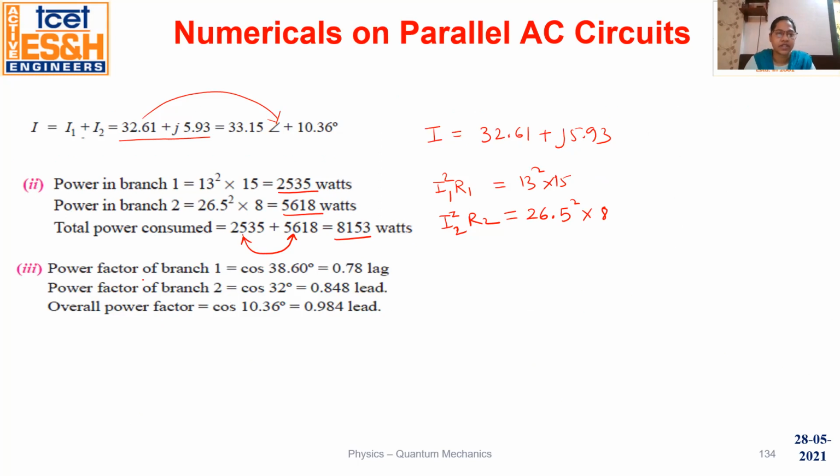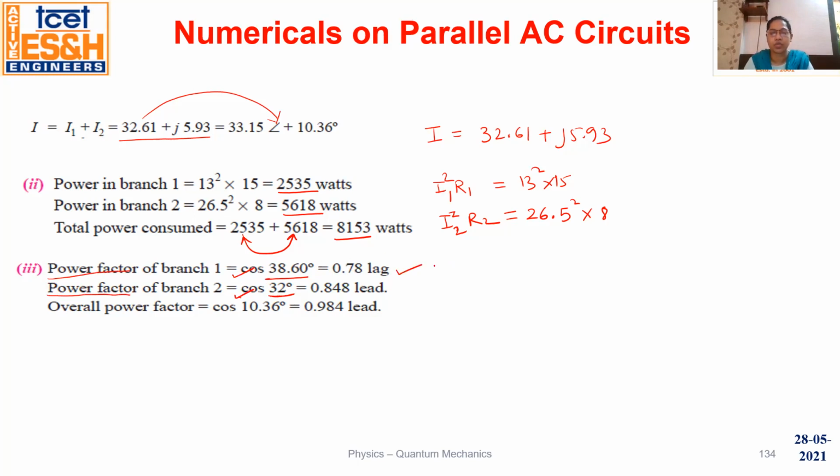In the similar fashion, we again have to calculate the power factor for branch 1 and 2. So for branch 1, we have phi of 38.6 degrees, and for branch 2, we have 32 degrees phi. By taking the cos phi, we find the power factor for branch 1 and branch 2.